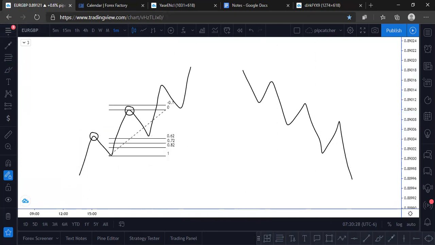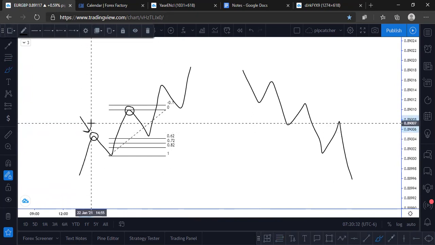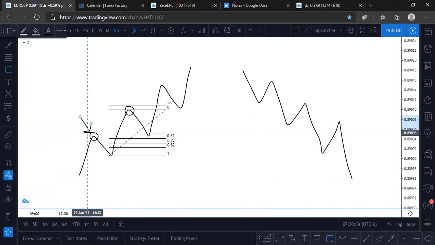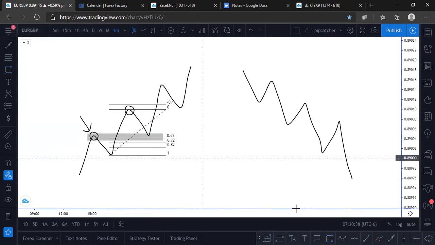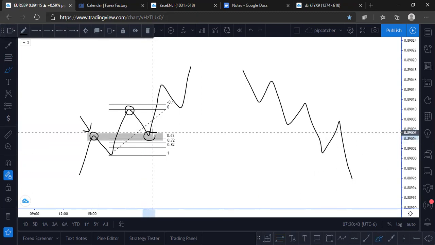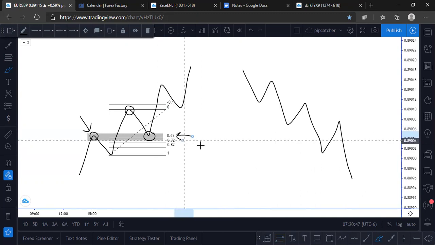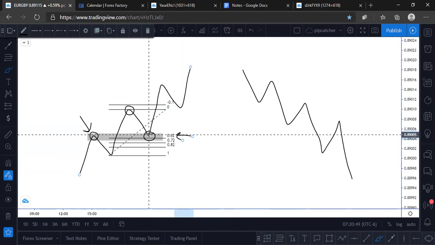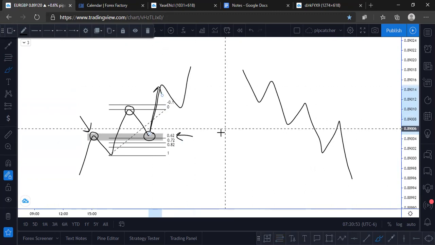I didn't draw it the best, but you can see right here is where that structure got broken. So from this area would be what I would be looking around. So you can see right here, on this example, it lines up around that 62 fib area, giving us that next expansion in price.